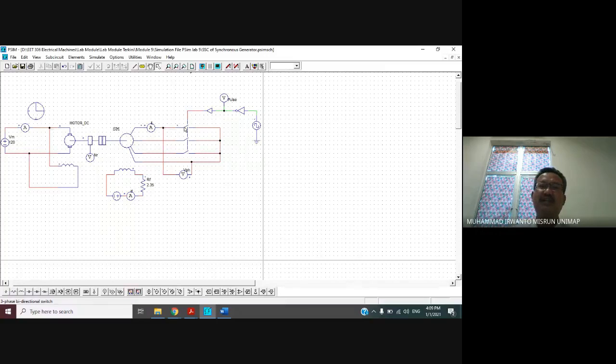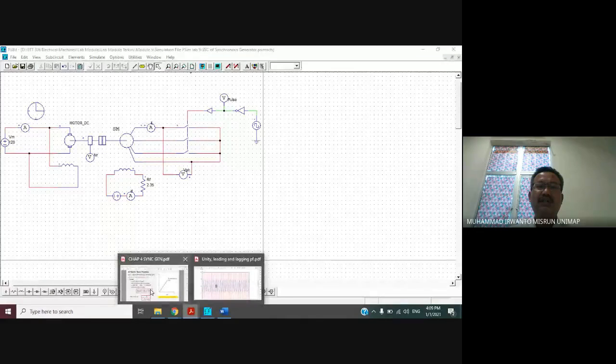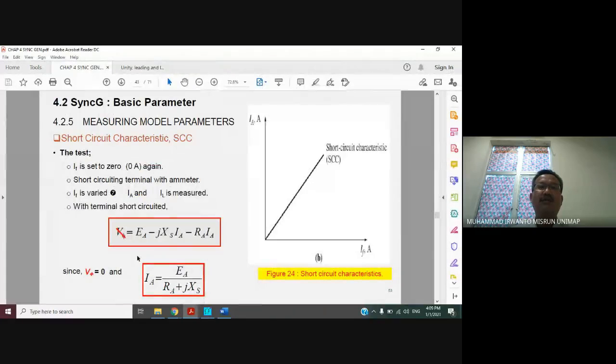From the short circuit current, we will obtain the value of IA, and the phase voltage is zero. IA is obtained. So lastly, by using the formulation here, with phase voltage zero, we can find, before, RA is obtained from the DC test.